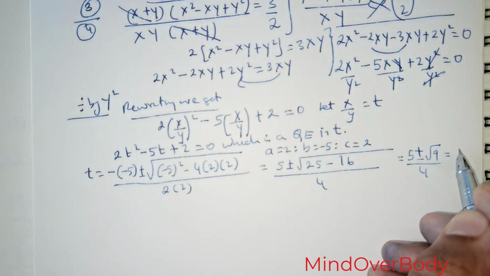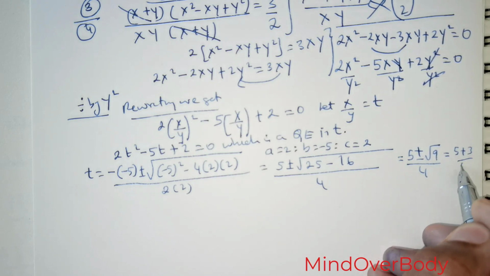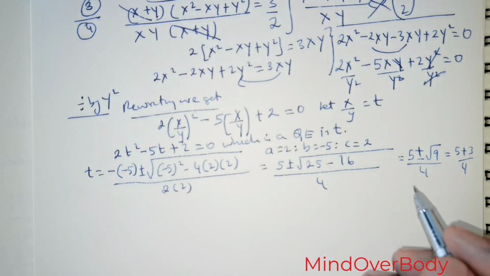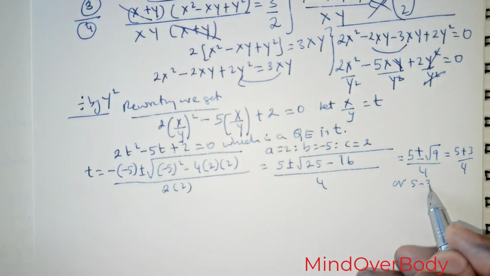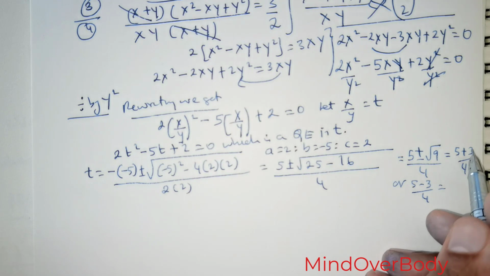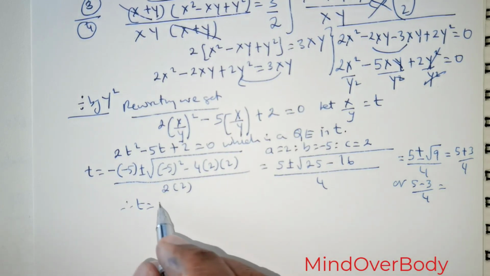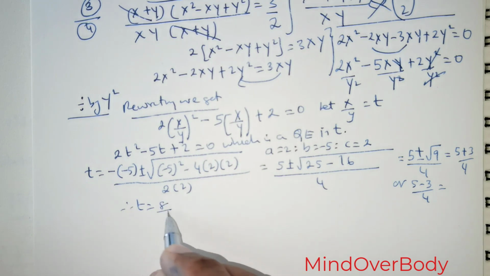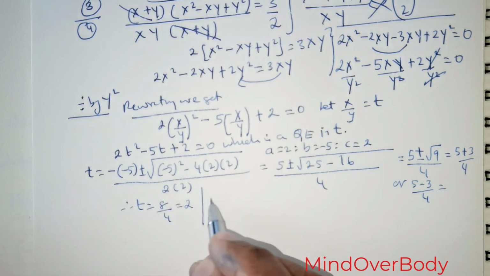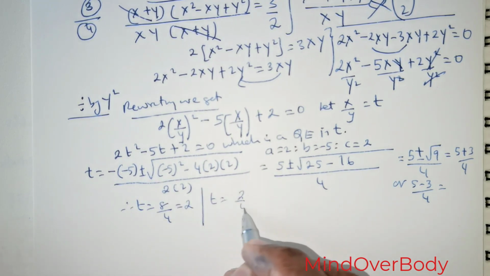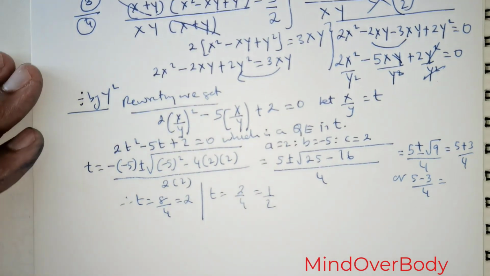I can rewrite this as 5 plus 3 divided by 4, that will be one thing, or 5 minus 3 divided by 4. So t is going to be 8 over 4, which is 2, and t is equal to 2 over 4, that's going to be 1 over 2.